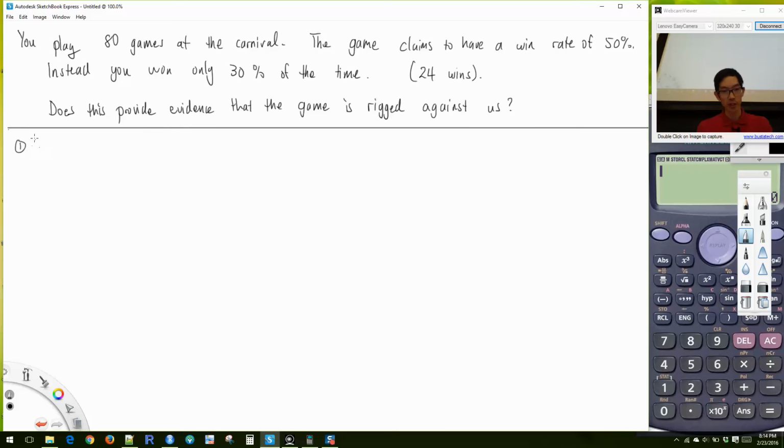So part one is creating our hypotheses. In words, we have a null hypothesis, which is going to be H0, and this is the game is fair. The win rate really is 50%.